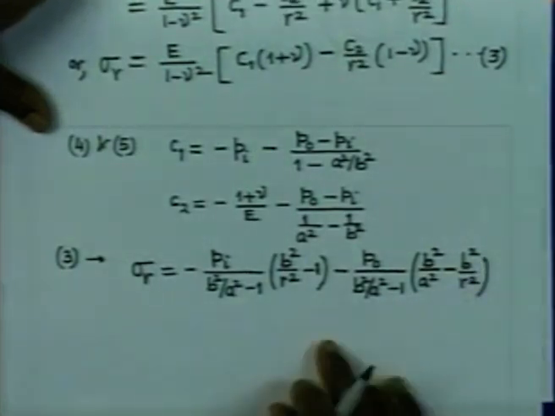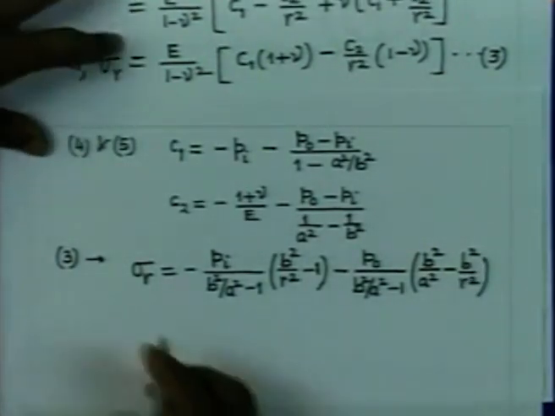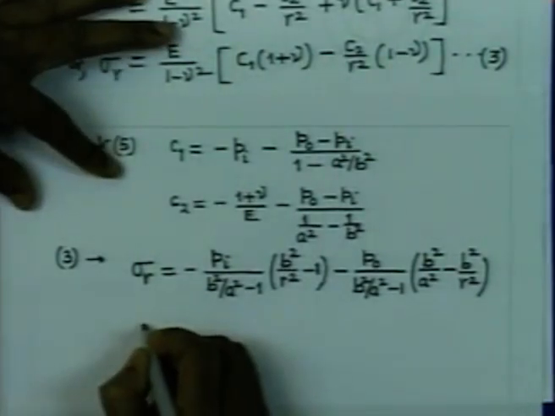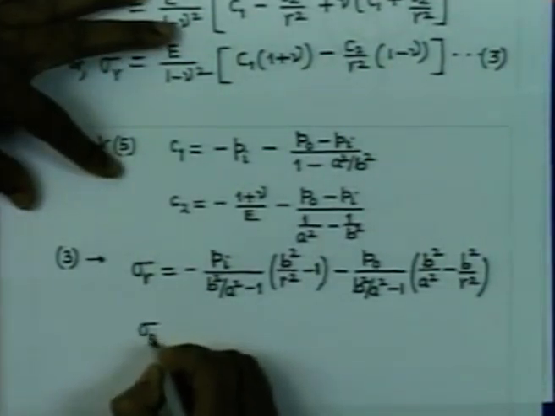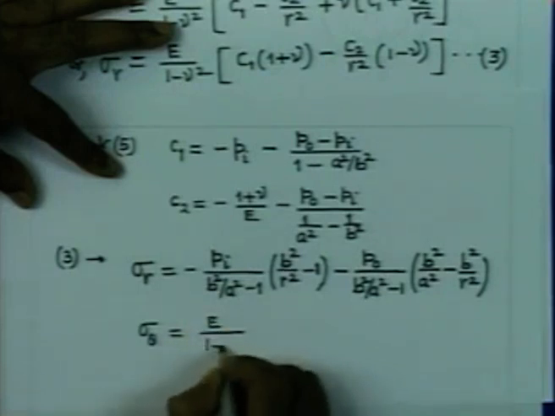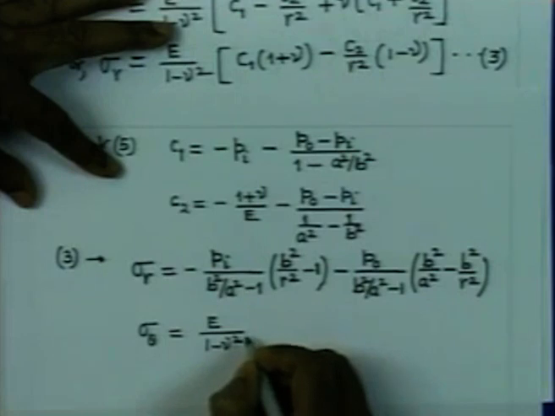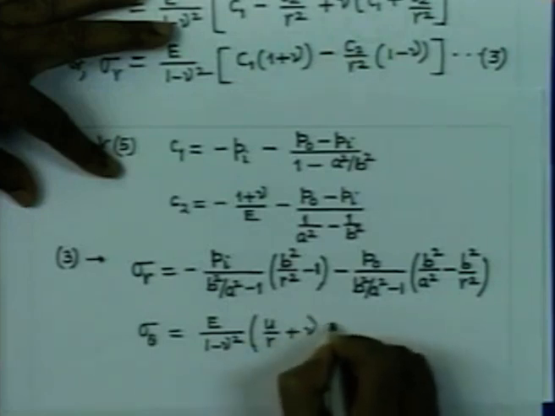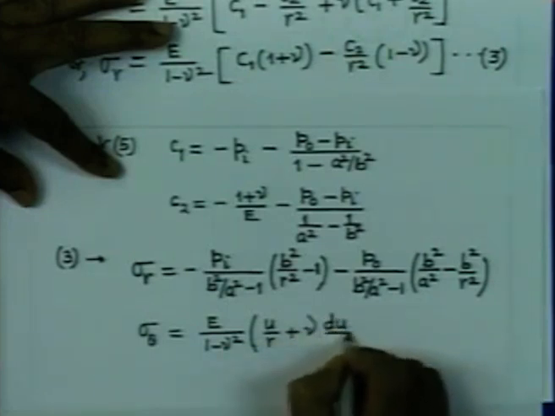So, that is the expression for sigma r. Similarly, we also have sigma theta is E by 1 minus nu square into u by r plus nu times du dr.